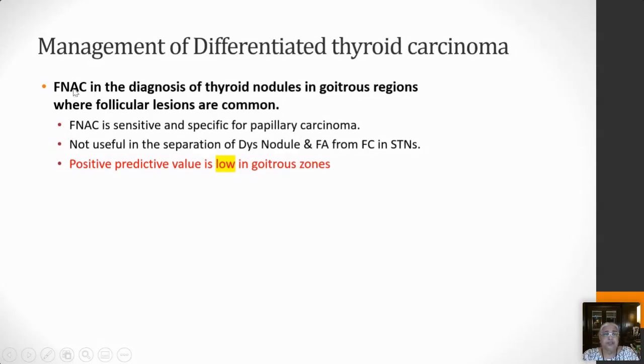Now, the first thing is FNAC, and I'm not going to say much about it because Asavali will tell you a little bit. But I want people to understand one thing: FNAC is very sensitive and specific for papillary carcinoma.